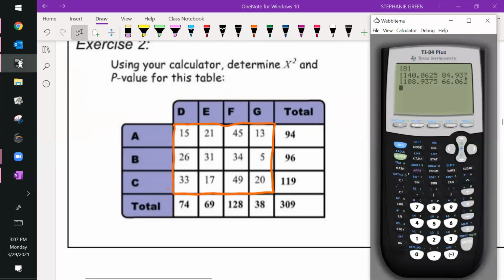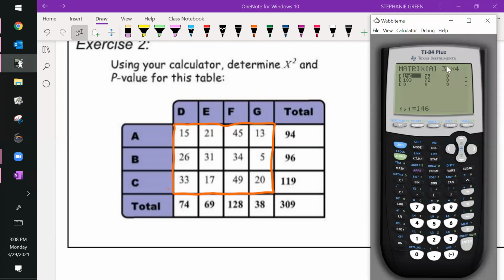So let's go matrix, over to edit. I'm done with this matrix, so I'm just going to edit that one again. This time it has 3 rows and 4 columns. And watch, when I put in 3 by 4 and hit enter, it automatically changes the size of my matrix, and I can double check to see that it matches the size of this matrix so that I know if I made a mistake.